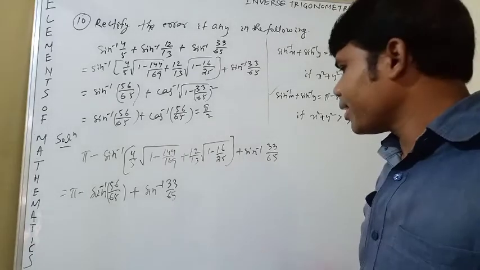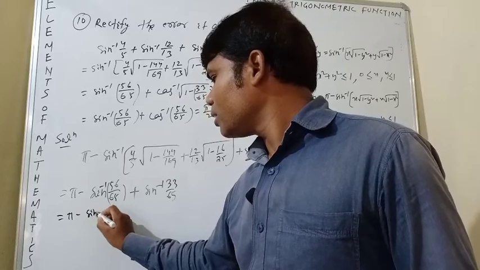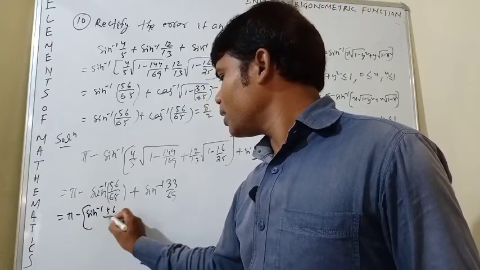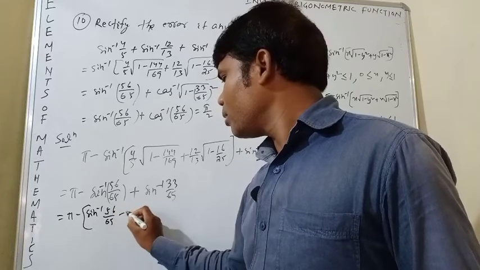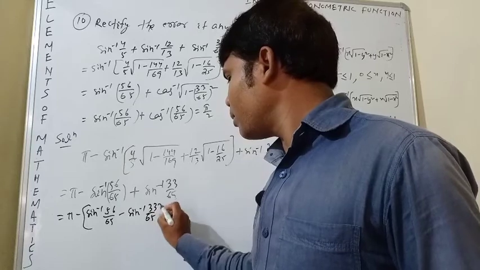Here we have pi minus sin inverse 56 by 65 minus sin inverse 33 by 65.